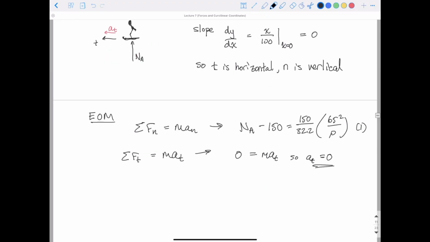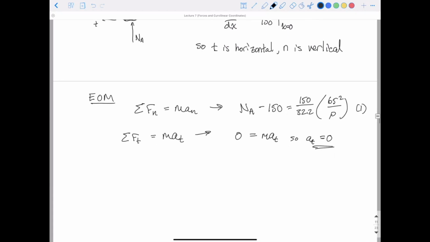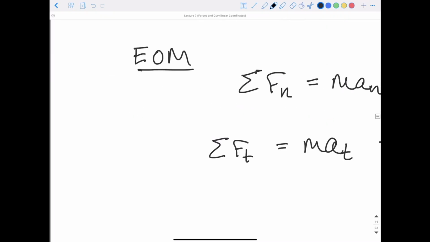So the only component of acceleration that we have is our normal acceleration. But to find our normal acceleration, we need to figure out what our radius of curvature is. So let's use that equation from before.